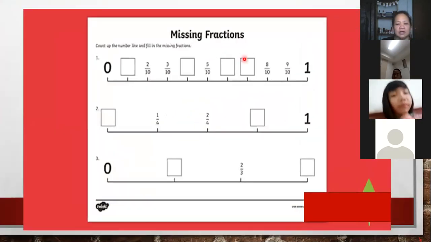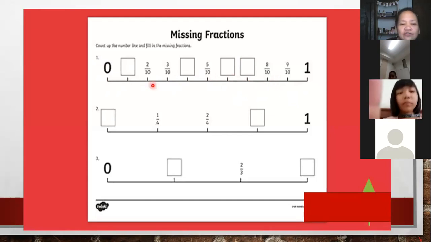Okay, let's find the missing fraction. The missing fraction in number 1, you count up the number line and fill in the missing fraction. Okay, start with 0 to 1 and then divide into how many equal parts? 10, okay.